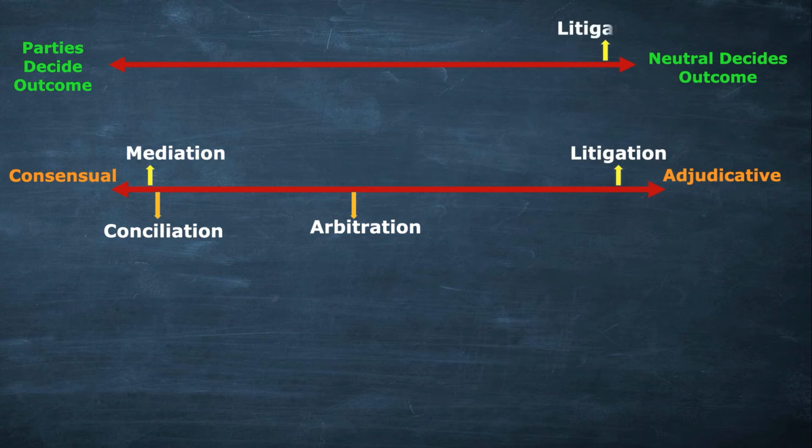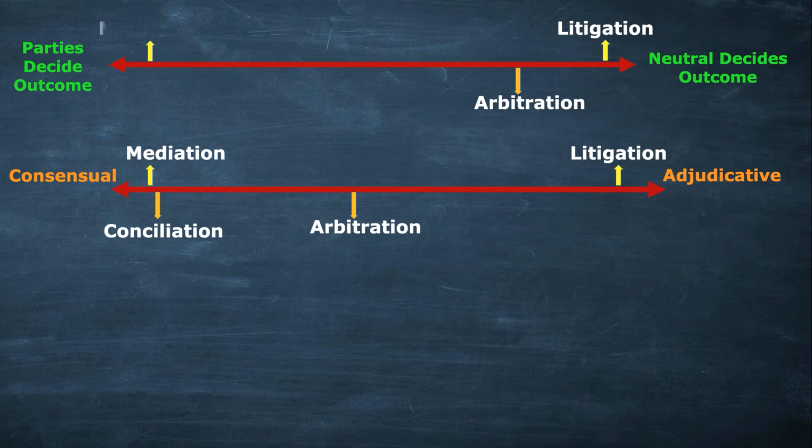The first one, of course, is litigation, where the judge or court decides, so you can see how close it is. The next one is arbitration. Here again the party has very little control because it is the arbitrator who decides, right?